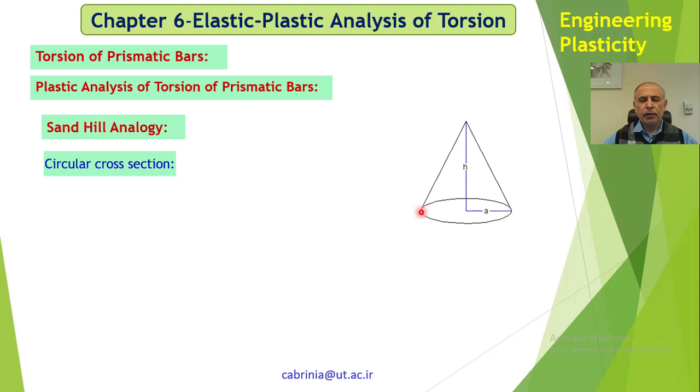After a while the sand piles up on the cross section and you will see a conical shape like this, because the base is circular. If the base is a different shape, then you won't get a cone, you will get different geometries.